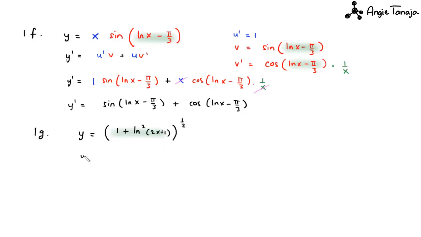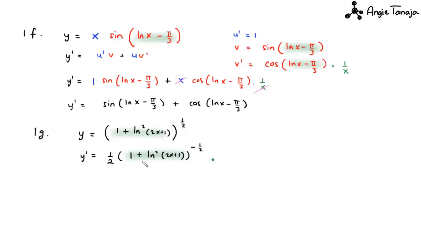We try to find the derivative of this, so this will be half times that thing to the minus half. But we have to times it with the derivative of this, and we have some difficulty now.